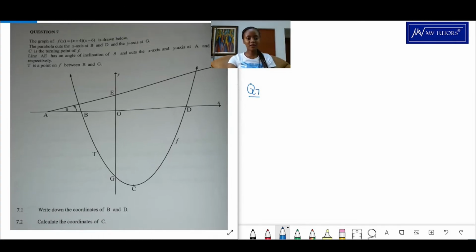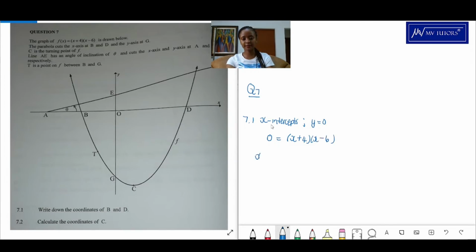First question: write down the coordinates of B and D. First of all, we need to recognize that B and D are the x-intercepts, and at the x-intercept you have y equal to 0. So in your equation, instead of y, you put 0. Then you have (x + 4)(x - 6).